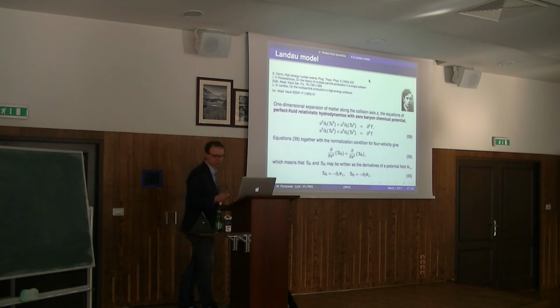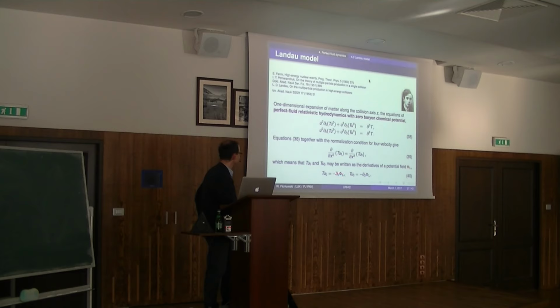The flow should be a potential flow, so one can introduce the potential phi L, for Landau, such that the product of the temperature and the flow velocity is given by the gradient. This is the first step.